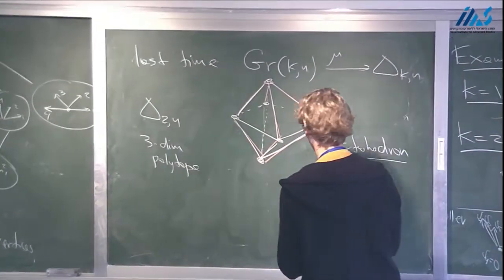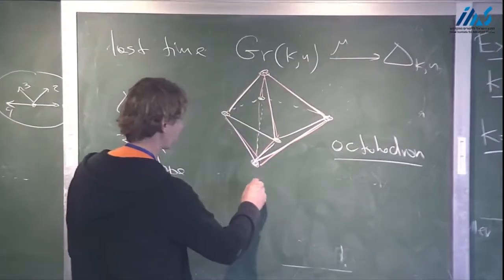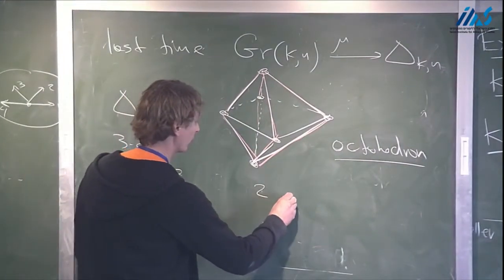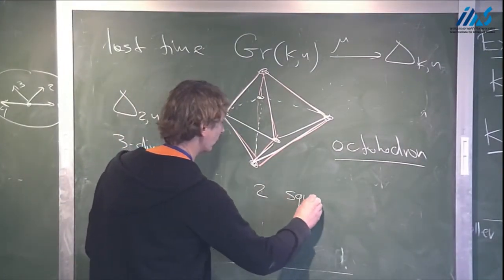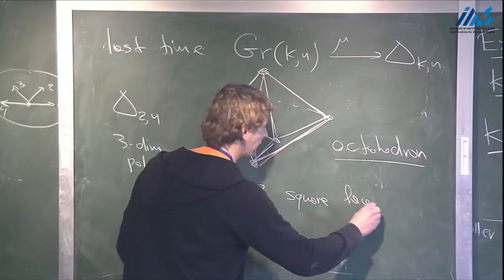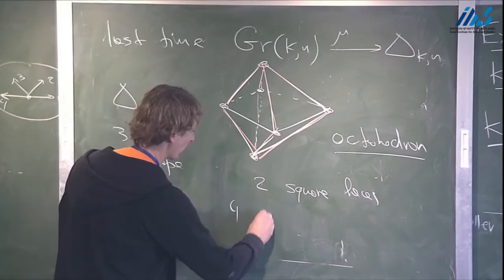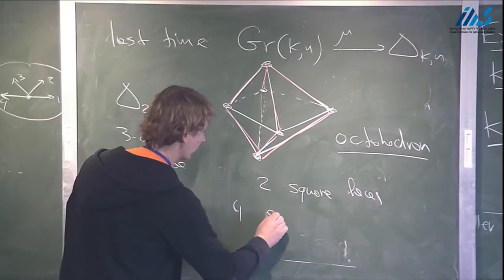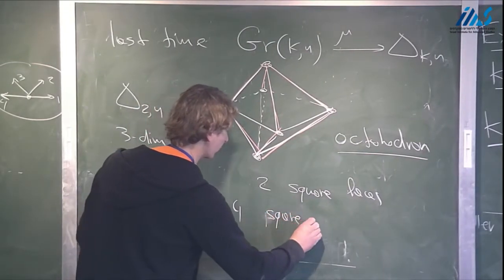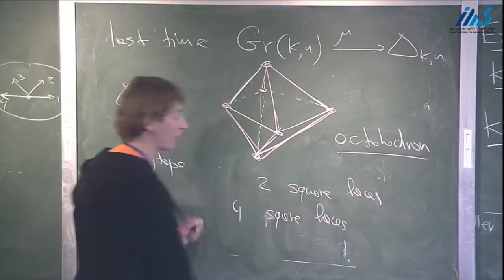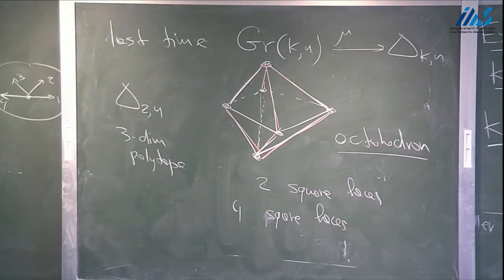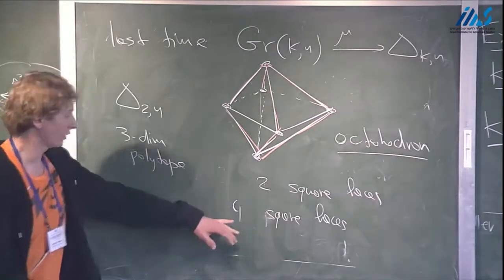So it has 2 square faces, and it has 4 square pyramids.